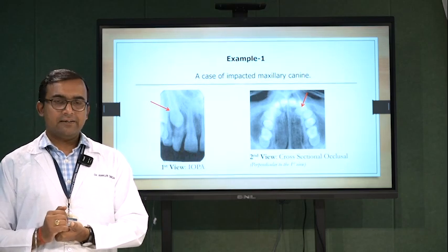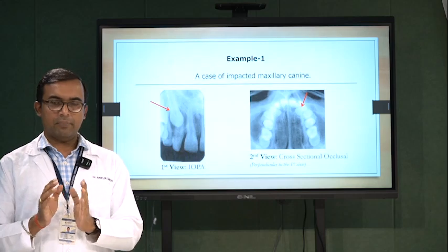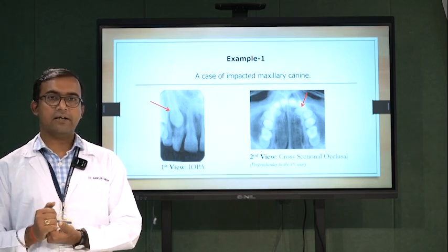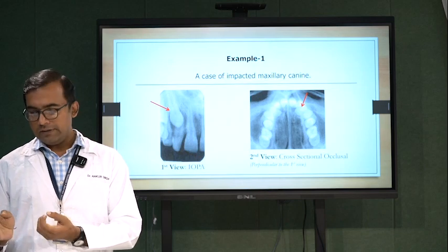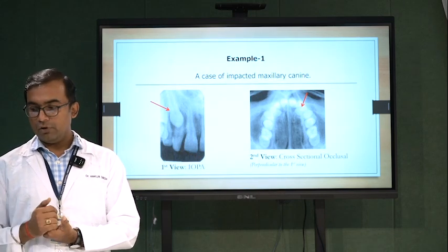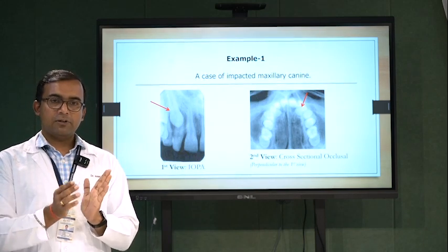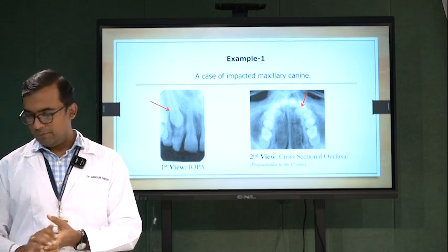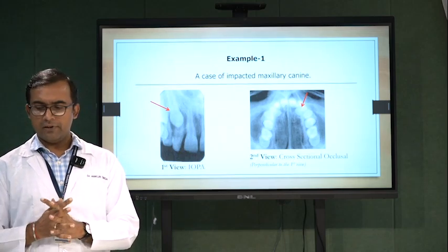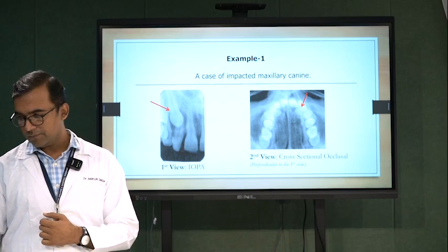So in order to extract that tooth, we need to know the direction or the part of the jaw from which we should perform the surgery. So we have taken a cross-section of the maxilla, the occlusal view, in which it is shown to be present toward the palatal side of the jaw. So here we are getting the three dimensions: two dimensions in IOPA and the third dimension in the occlusal.